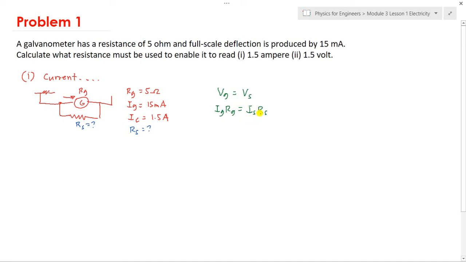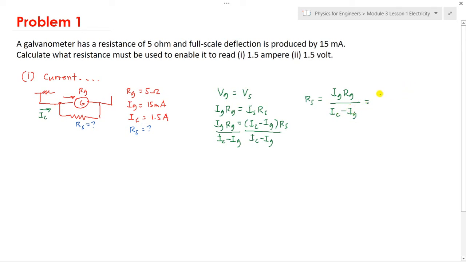But IS is just the difference of the current from the circuit minus the current entering the galvanometer. So (IC minus IG) times RS equals IG times RG. Dividing both sides by IC minus IG, therefore RS is equal to IG RG all over IC minus IG.